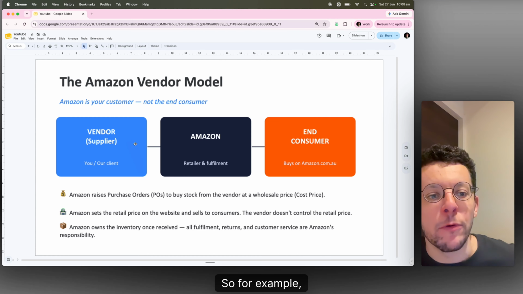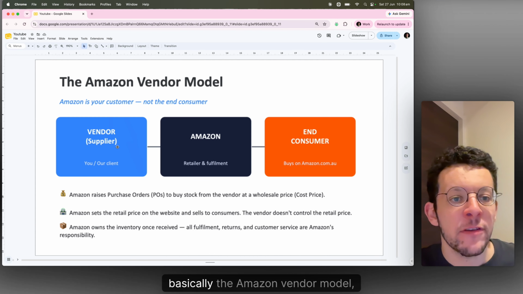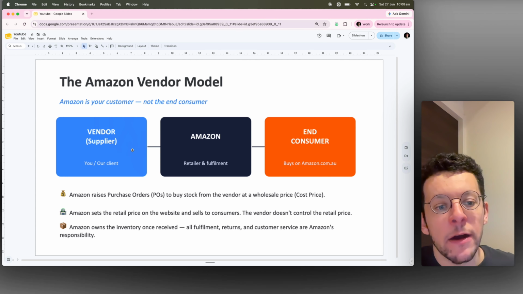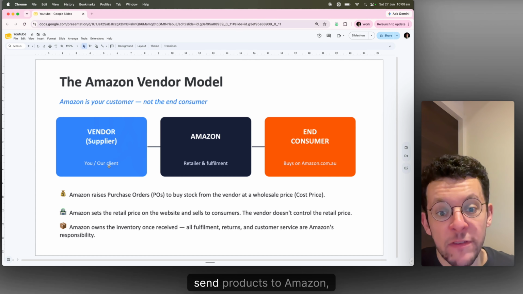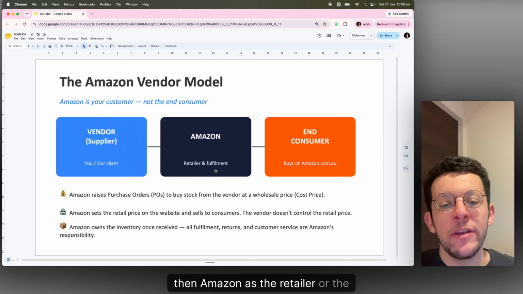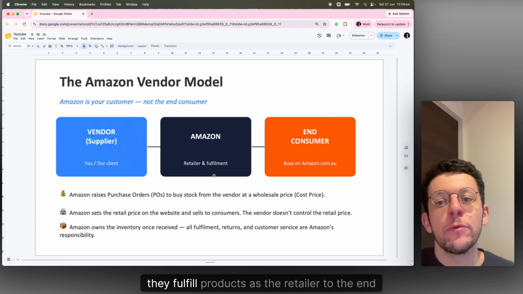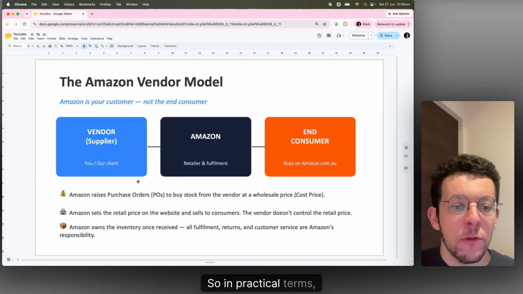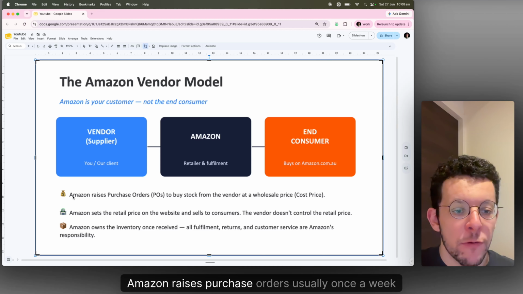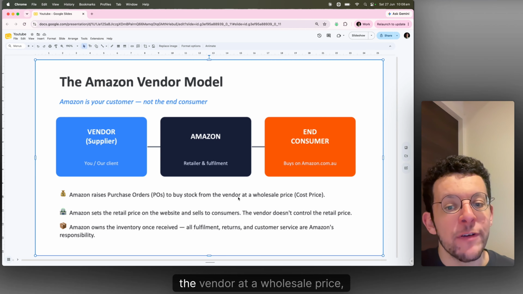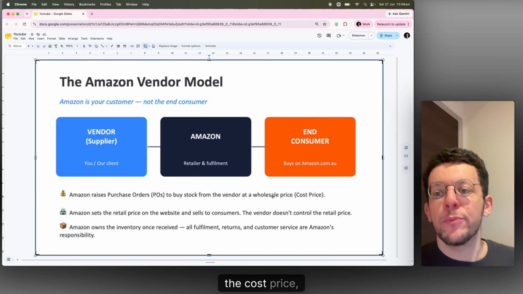So, for example, to illustrate this, basically, the Amazon vendor model, you, as a vendor, as a supplier, you send products to Amazon, right? Then Amazon, as the retailer, they fulfill products as the retailer to the end customer. So, in practical terms, Amazon raises purchase orders usually once a week to buy stock from you, the vendor, at a wholesale price, the cost price.